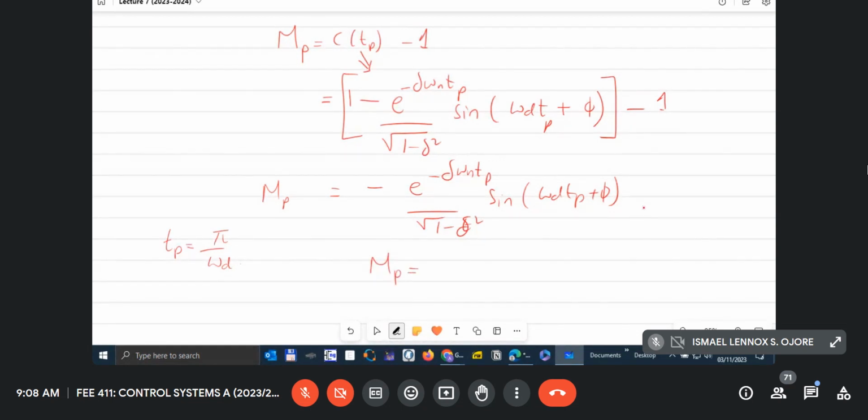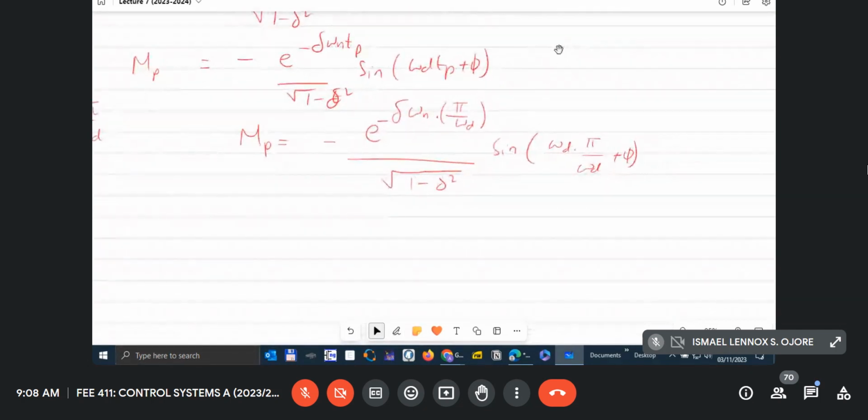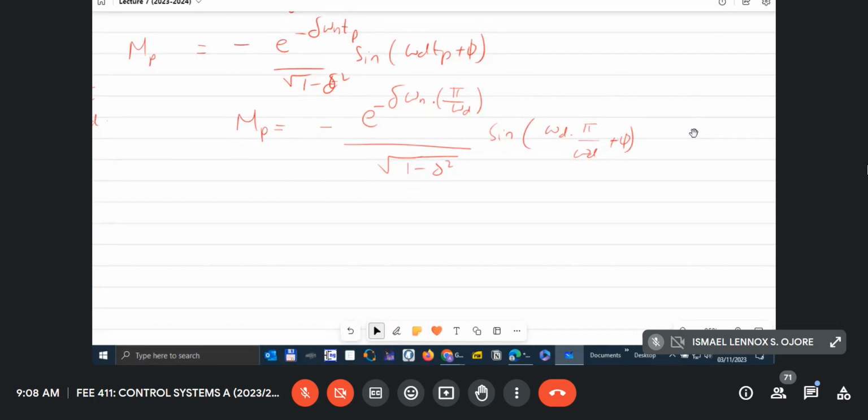So the maximum overshoot is minus e to the power minus delta omega n, and Tp here is pi over omega d, times sine(omega d multiplied by pi over omega d plus phi).